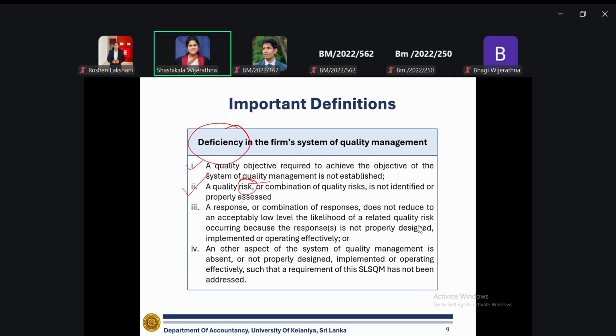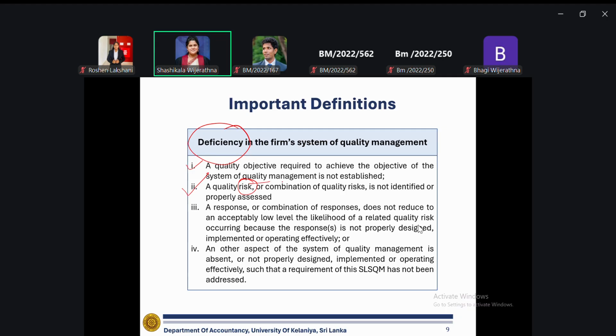When you identify the quality risk, sometimes certain risks do not have a high chance of occurring, or there is a very low chance of occurring. And then let's say that we identify certain risks as having a high chance of occurring.